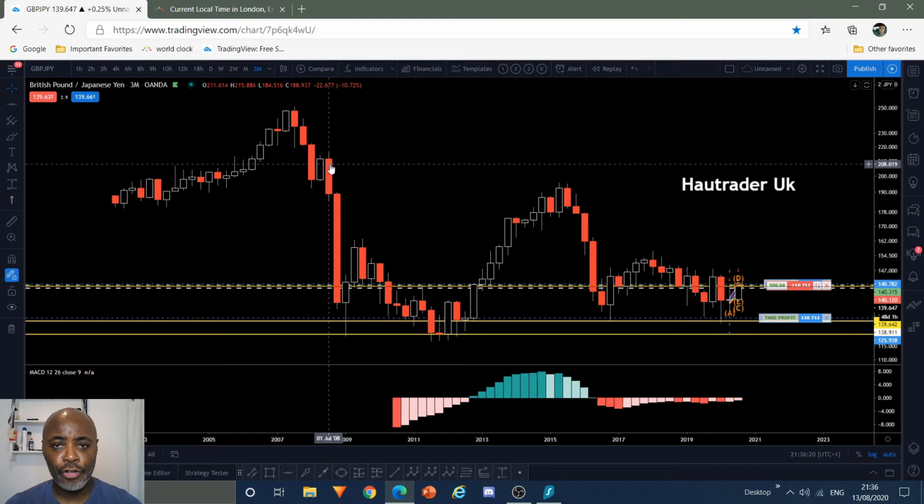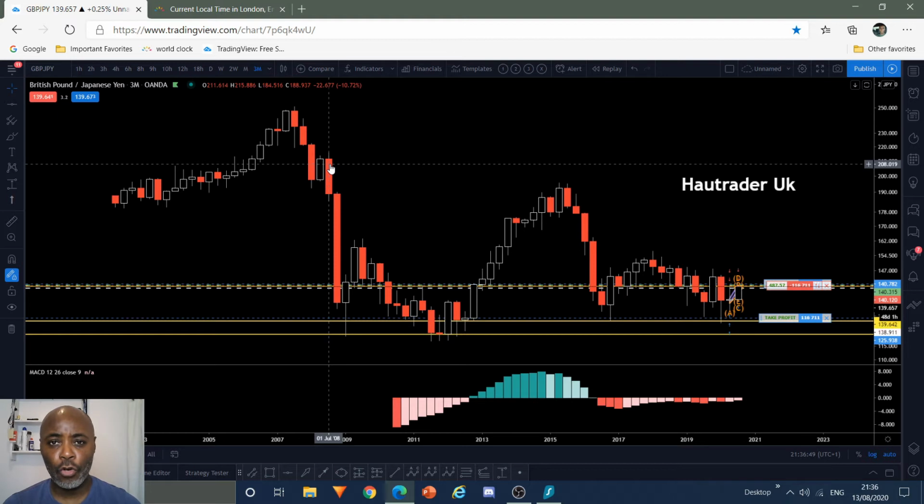Well, if you look at the fundamentals, they've just said that the British pound has suffered the worst GDP losses of any of the world's top nations, the worst out of the top 7 nations.